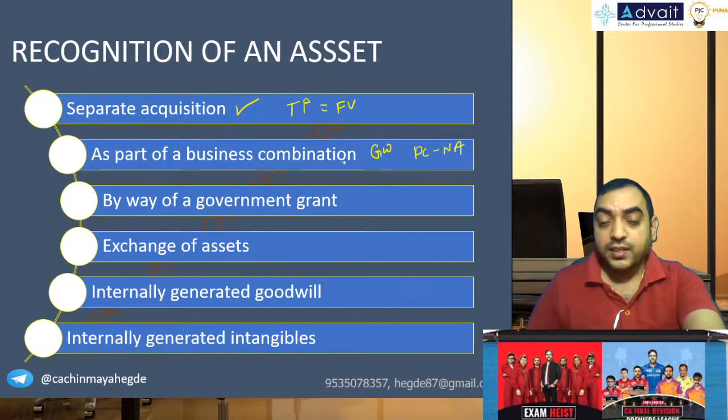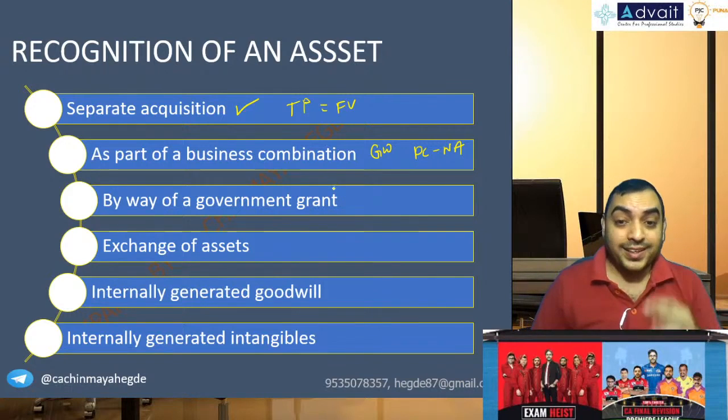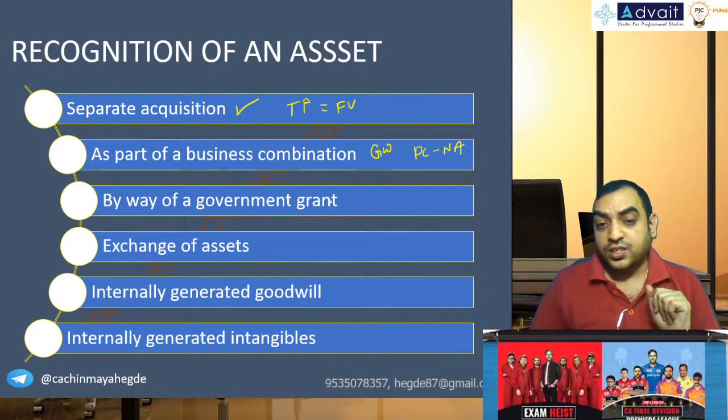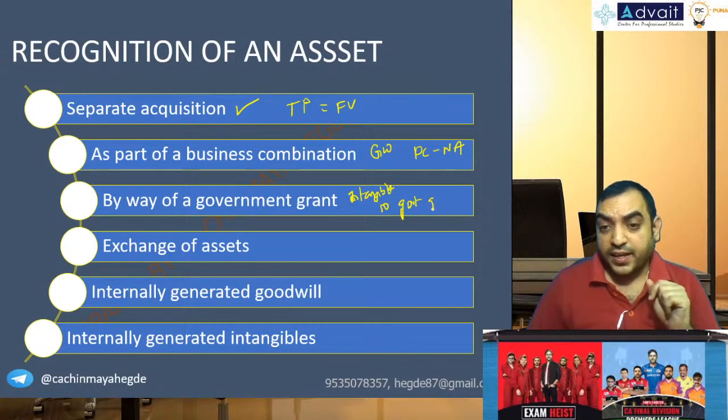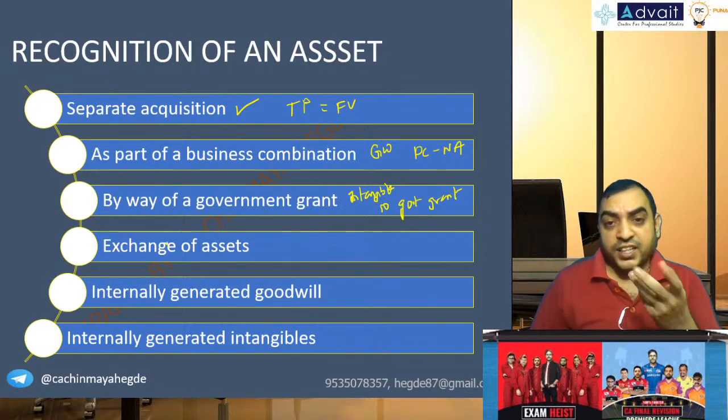By way of government grant, if you get a license from the government free of cost or at a concession rate, you can create a government grant. How? You can debit intangible and credit government grant if it is free of cost.